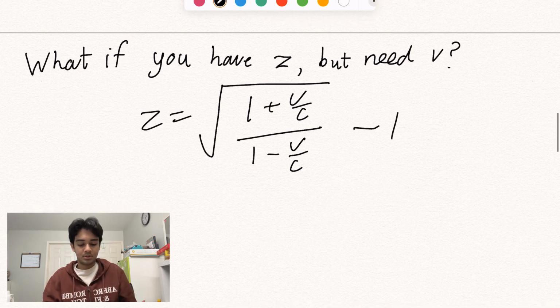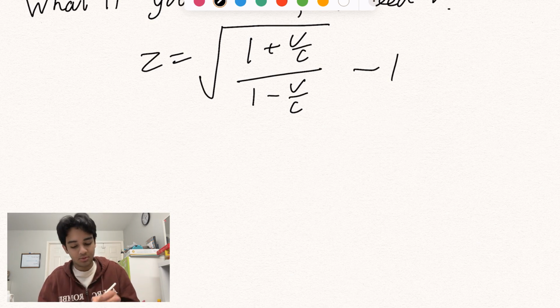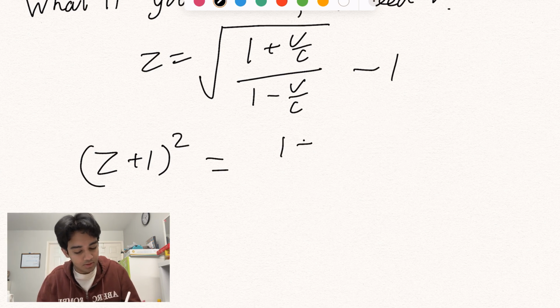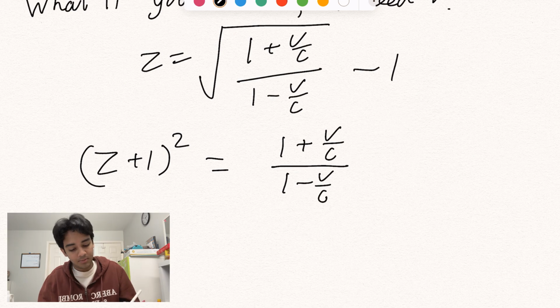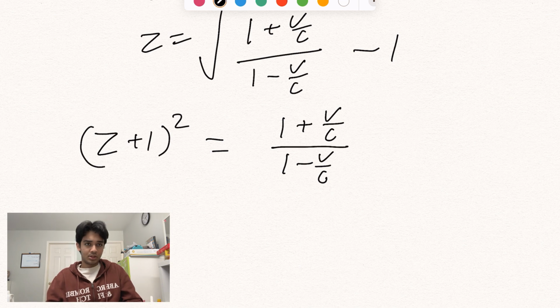The pretty obvious first step is to bring 1 over to the other side and square both sides to get rid of the square root. So we have (z plus 1) squared equals (1 plus v over c) over (1 minus v over c). All I did was bring the 1 over and get a plus 1, and then I undid the square root by squaring both sides. Now this is the tricky part.